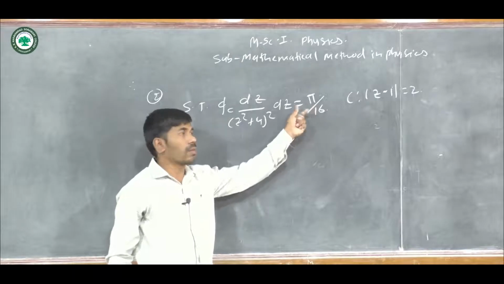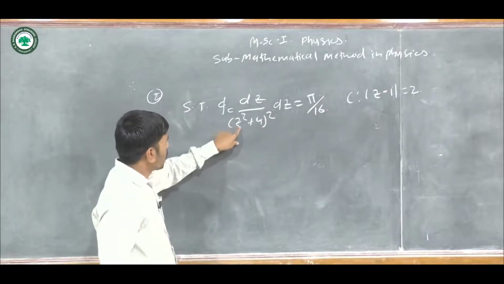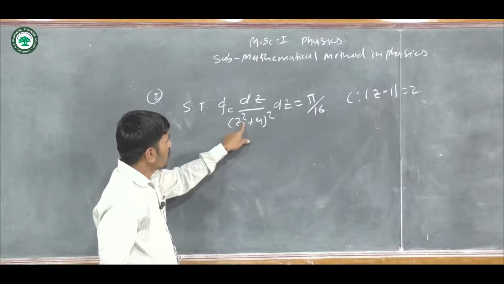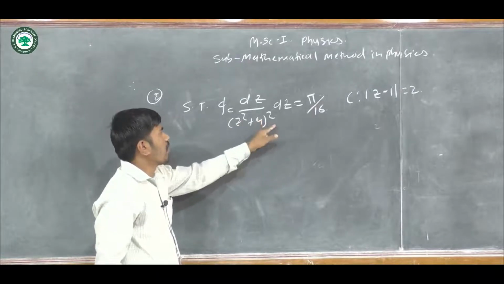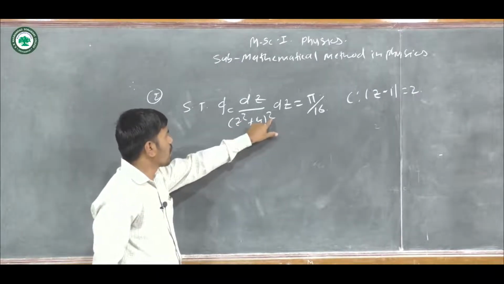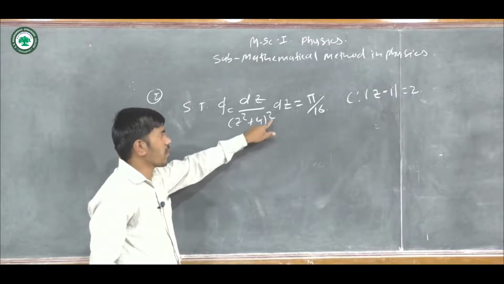Here, if you observe the denominator, z squared plus 4, the power is 2, since it is the square of this bracket.